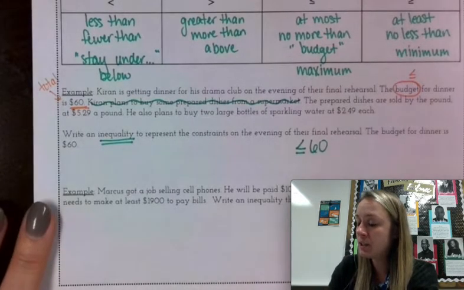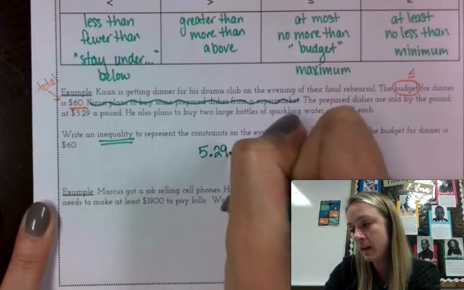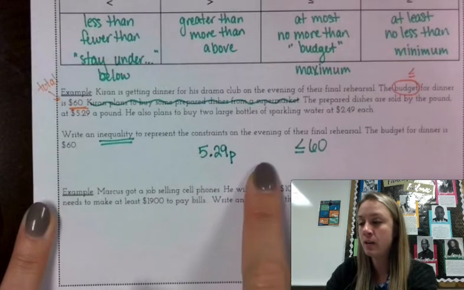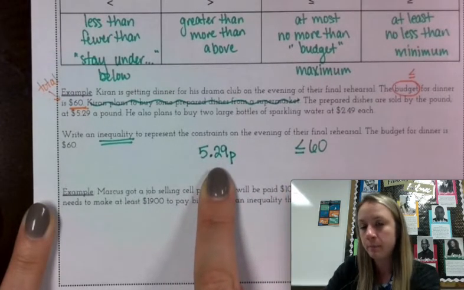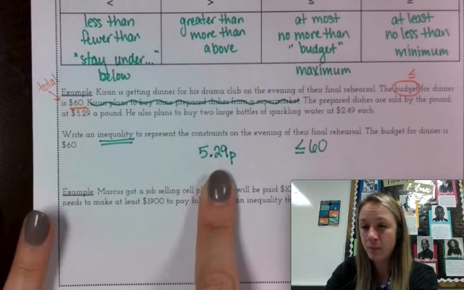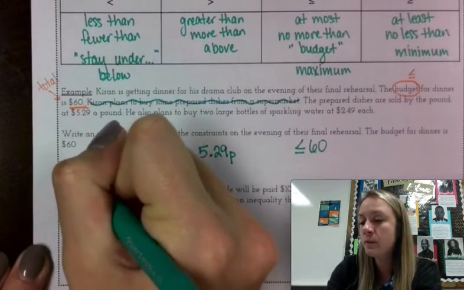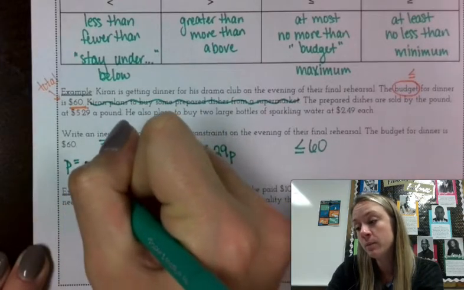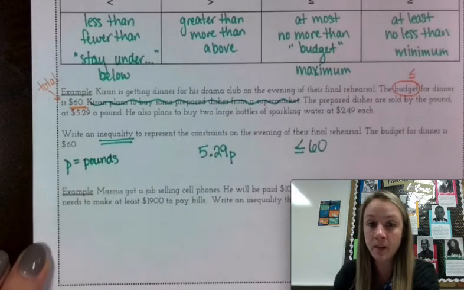The prepared dishes are sold for $5.29 a pound. And I could put that here or here. This is technically my change. But I don't really have a starting point since I'm paying for multiple things. And so I used a variable for pounds because I don't know how many pounds I can buy because I have a budget.